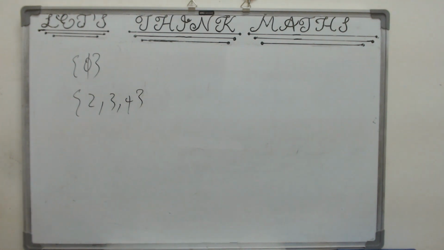What those rules are, we will study in the next class. They are like the closure property, commutative property, associative property. We will learn that in detail in the next class.